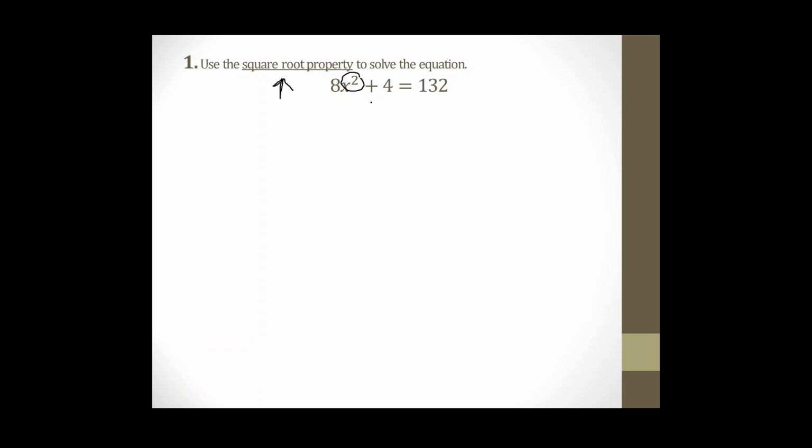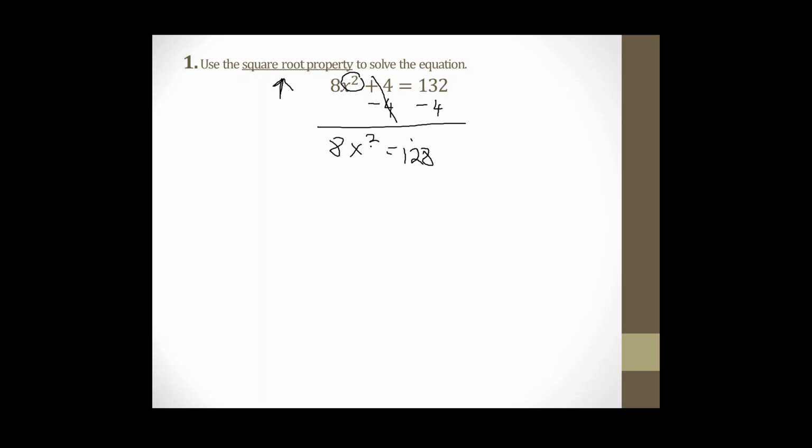So first of all, I'm going to move the 4 to the other side, and then I'm left with 8x squared. Right here, this is going to cancel out, and 132 minus 4 should be 128.